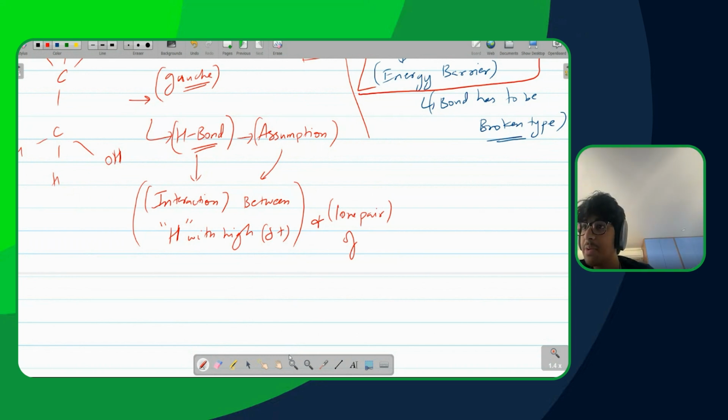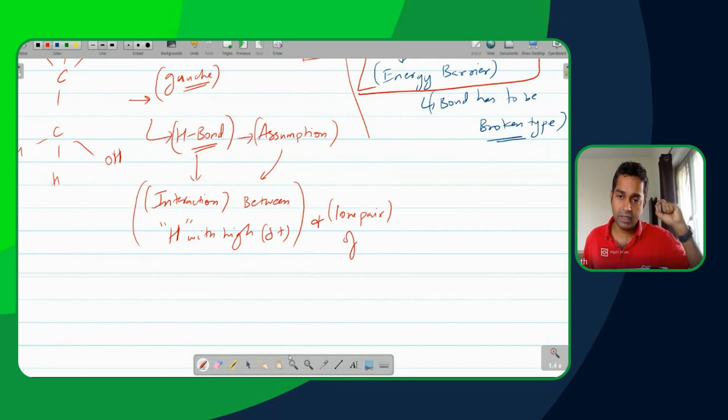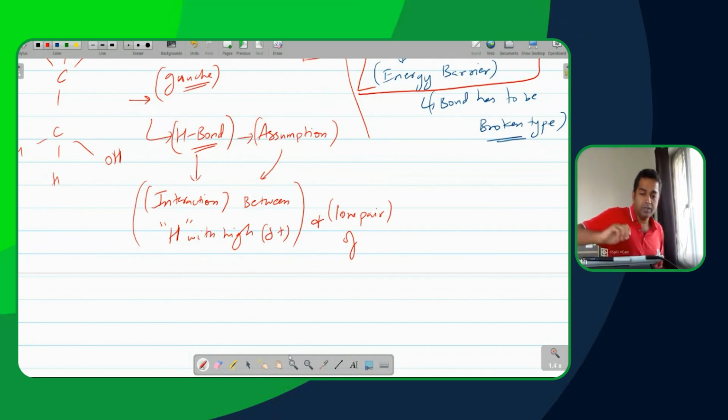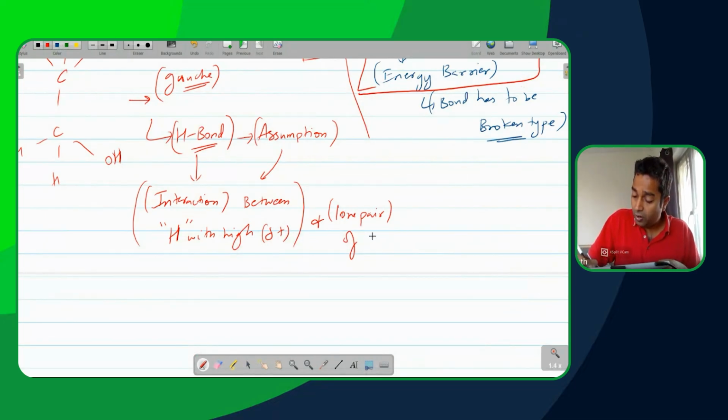So it should be the lone pair and the hydrogen with delta plus, which is critical there. That is the other significant thing which you need to start understanding. So effectively, let's go back. Lone pair of second period delta minus species.